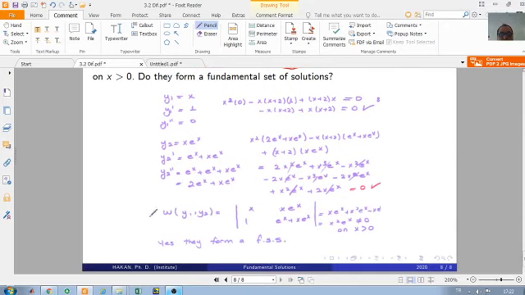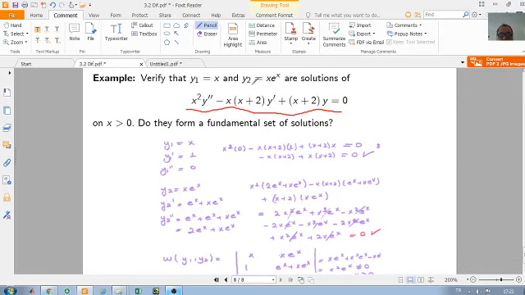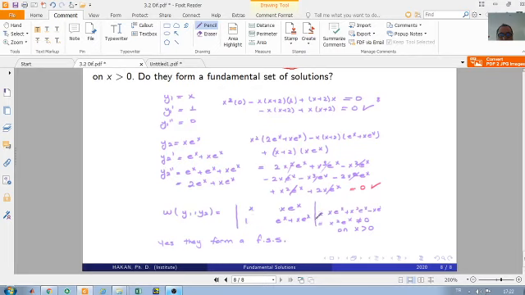And then we find the Wronskian of these solutions, x and x times e to the power x. The derivatives are written here. We find the derivative of the second one by using the product rule, and then the determinant of this 2 by 2 matrix will be x squared times e to the power x. It is not equal to 0 for every positive value.